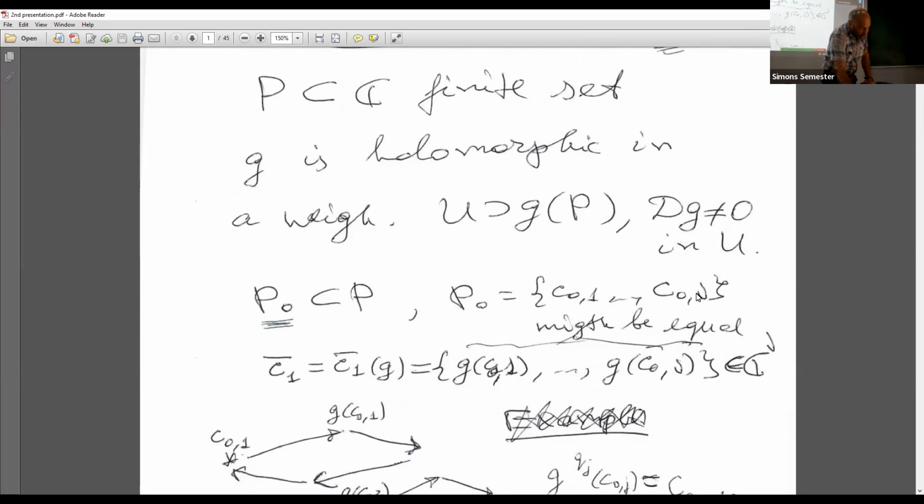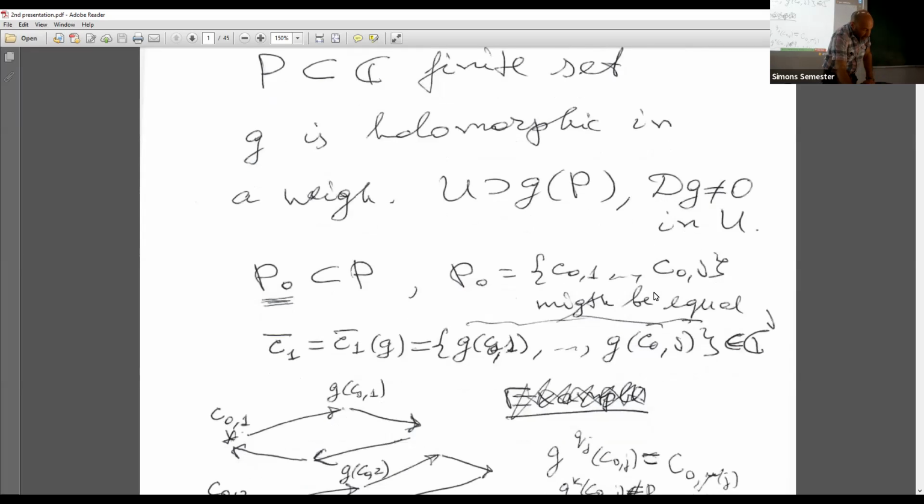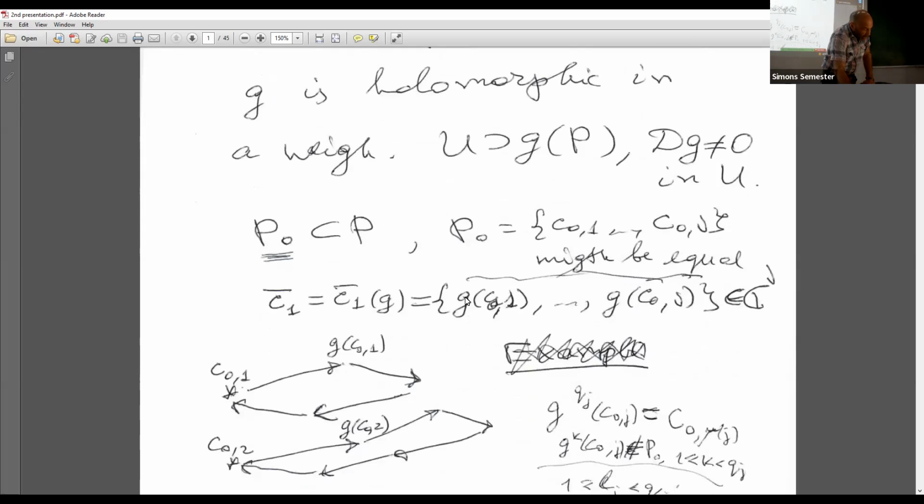So these critical points, the map even does not extend as holomorphic in general. We don't assume it. But then we consider the vector of critical values, just the images of these points. In the neighborhood of these points, we already have a holomorphic map.